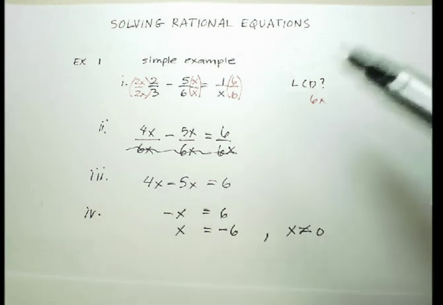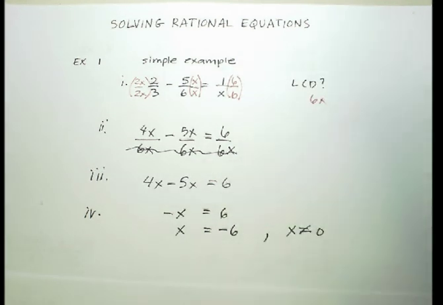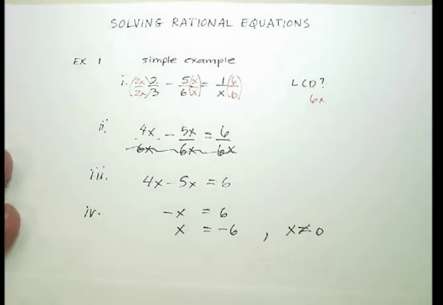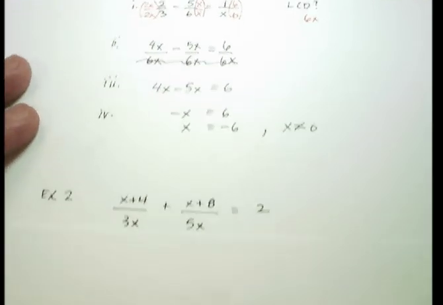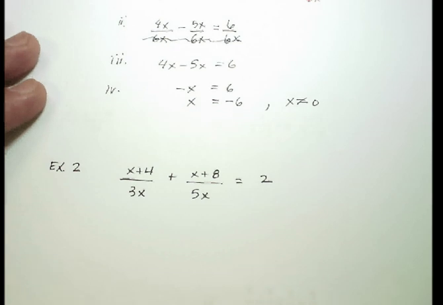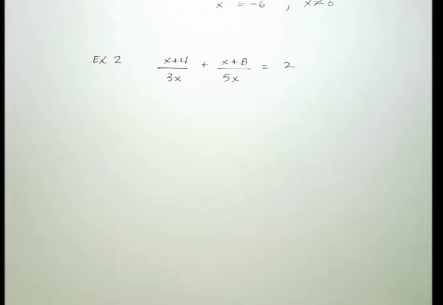Now let's take this very same procedure and do it in a slightly more difficult problem, okay? All right, so let me just move that up to the top there. Okay. Now let's ask ourselves the same question.